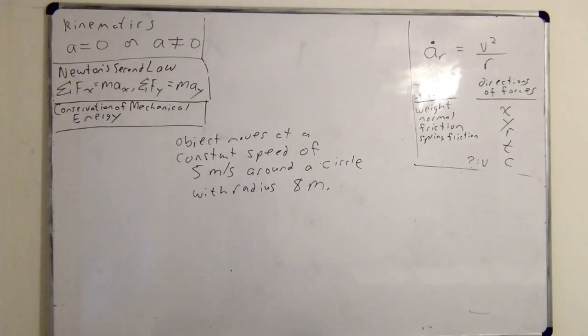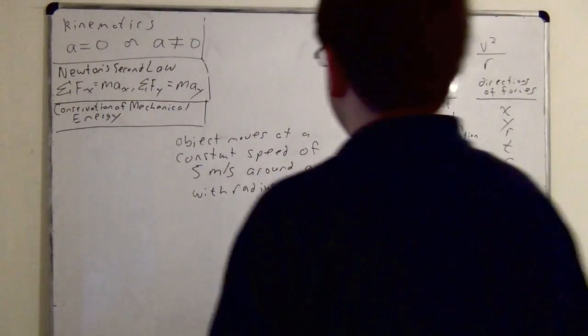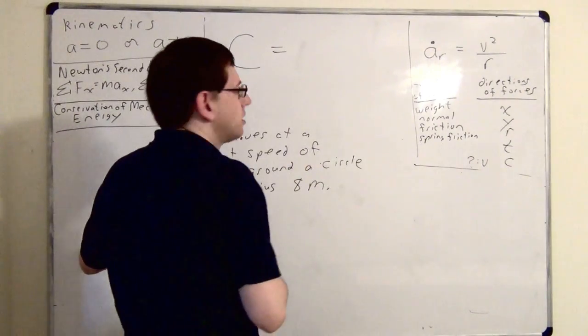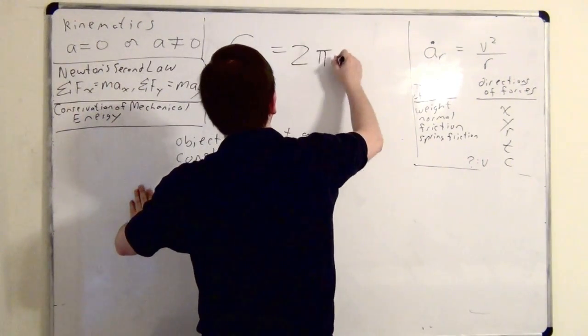Well, the first thing we need to know is how long the circle is. What's the name for that? Displacement? In geometry? Circumference. We need to know the circumference of the circle. Do you guys remember this formula for that? Is it 2 pi r? 2 pi r, that's right.